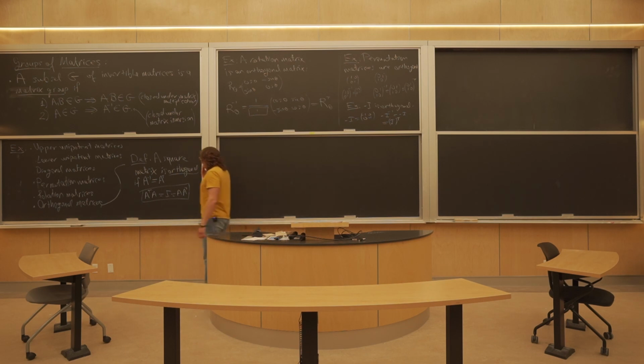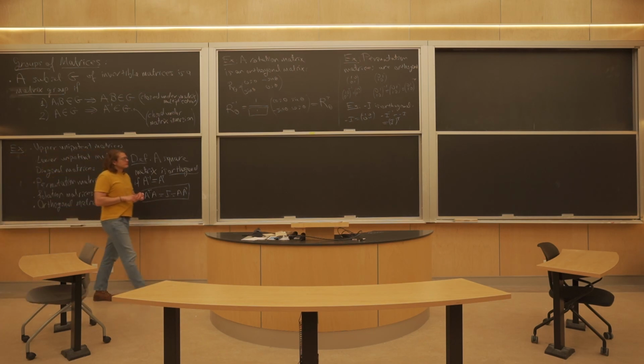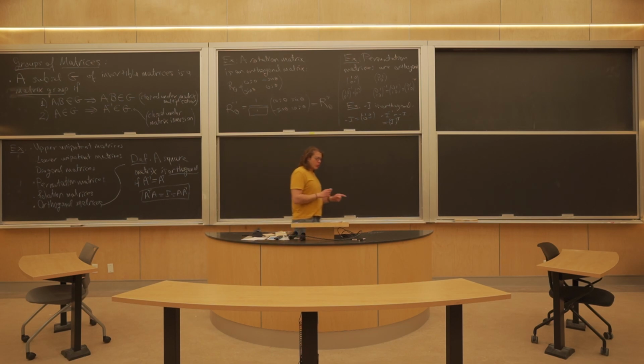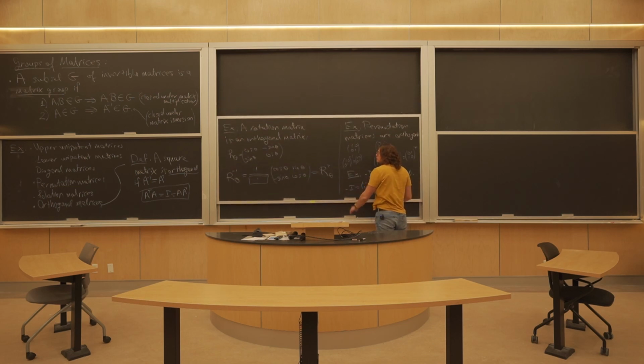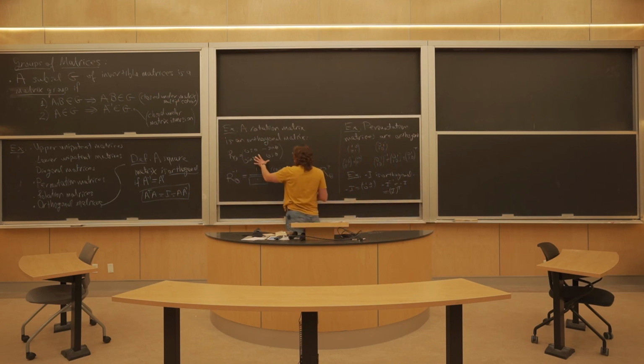And really, let me say it this way. Even though it is not the case that all orthogonal matrices are rotation matrices, that statement is almost true. Okay? So any orthogonal matrix in 2 dimensions, and this is a nice exercise, is either of this form, or it is that times this.